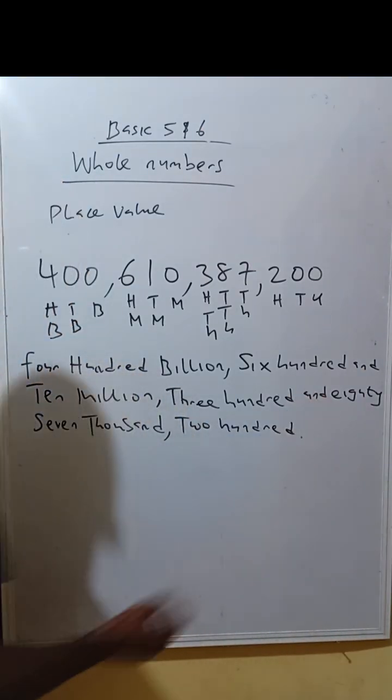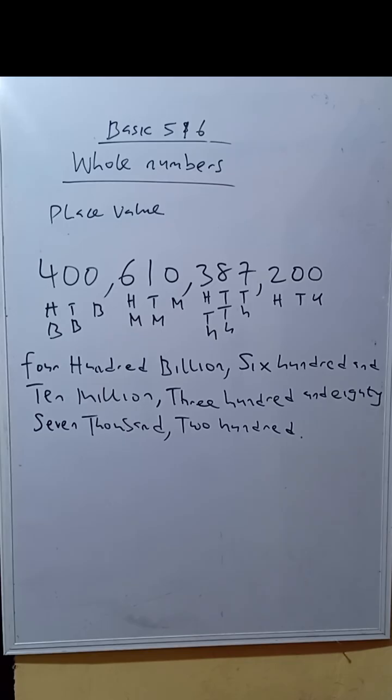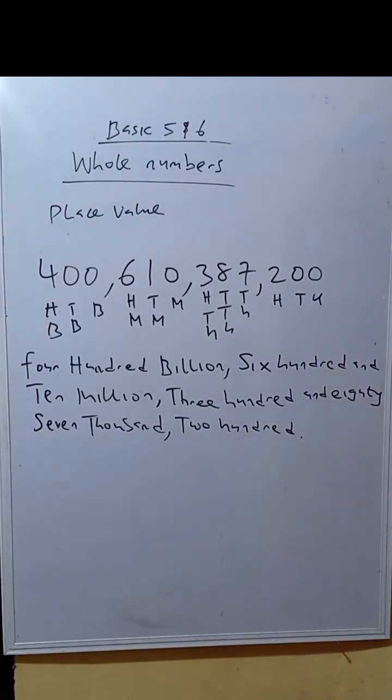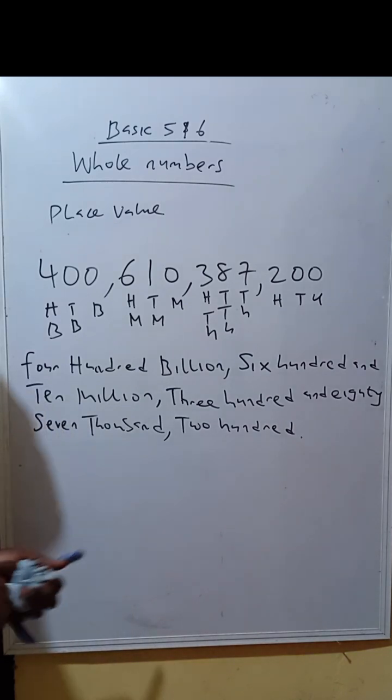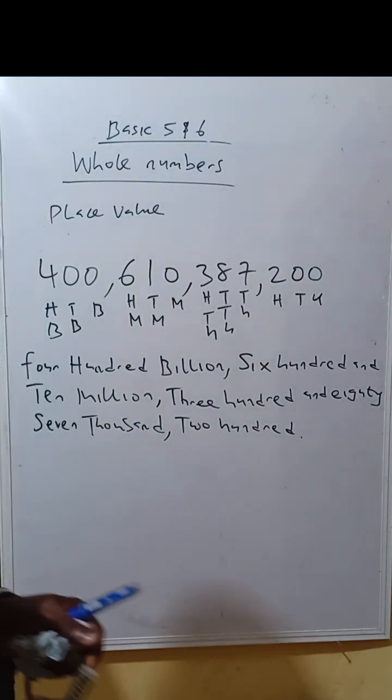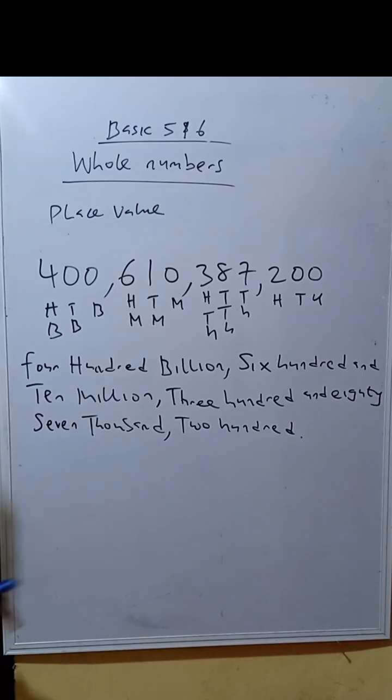So this is 400 billion, 610 million, 387,200. 400 billion, 610 million, 387,200. So I hope you've learned something from this class.